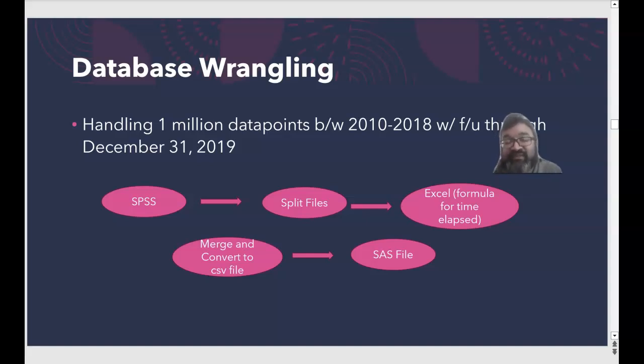The reason for the CSV file is to ensure that the size of the data set was smaller, and the reason being, again, you have to be thinking about the end in mind before doing the beginning. SAS, the copy that you own, if you want to own a copy, these are cost prohibitive.